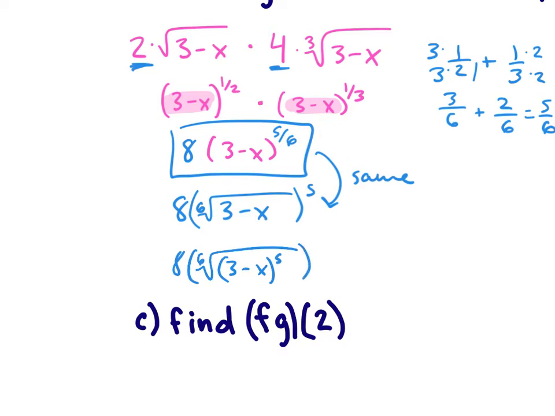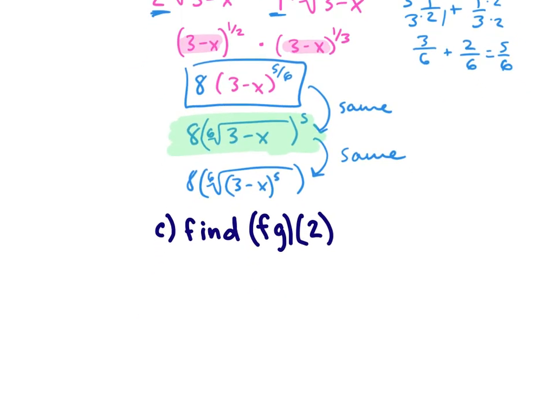I guess here you wouldn't need the parentheses, but these are all the same thing. So these would all be right. It's just a different way of writing the problem. I like the way that this one looks the best, so I'm going to plug 2 into this one. Again, they're all the same thing, just rewritten a different way.